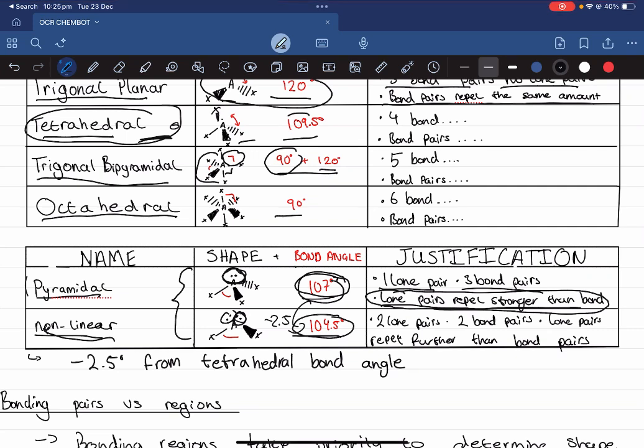Tetrahedral has a 109.5 degree bond angle and 4 bond pairs. Pyramidal has 3 bond pairs and 1 lone pair. If we use the rule that 1 lone pair means minus 2.5, then 109.5 minus 2.5 equals 107. Then with a second lone pair for non-linear, it's 107 degrees minus 2.5 again, and that gives you 104.5 as your bond angle for non-linear.